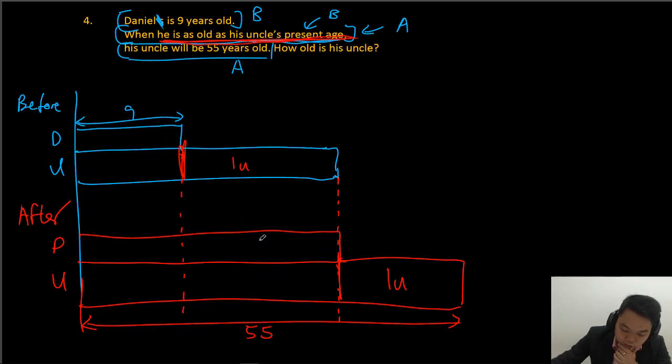So if this is the case, if he was to grow to become as old as his uncle, then can you see that this also has to be 1 unit here? Whatever that may be. So this is 9 and this is also 9.